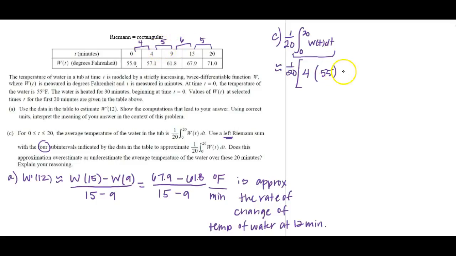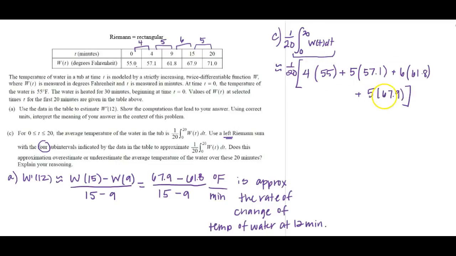And then the second rectangle, I do each one separately and add them. So this next one is 5 times the left height, 57.1. Between these 2 heights, 57.1 is on the left, plus 6 times the next height, again on the left between these 2, is 61.8. And then plus the next base between these 2 is 5, and the next height is 67.9. And then I'll close my brackets.